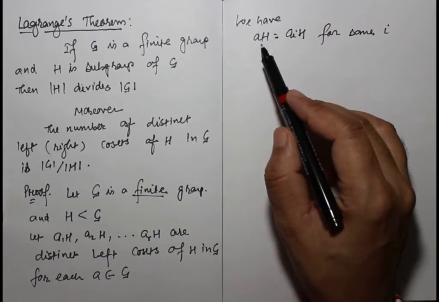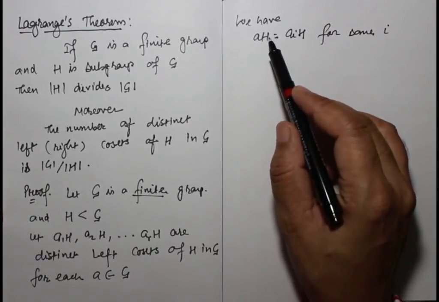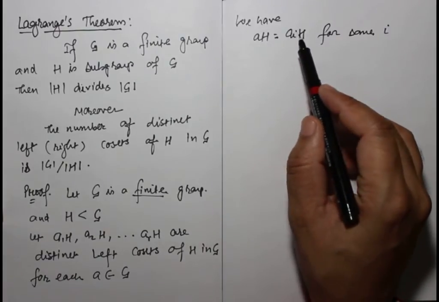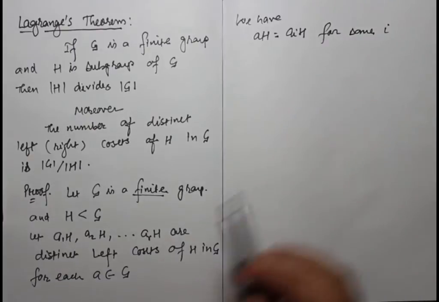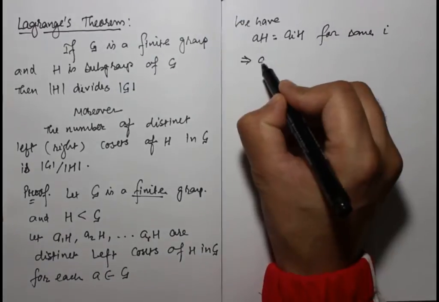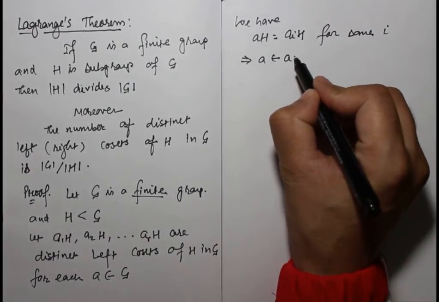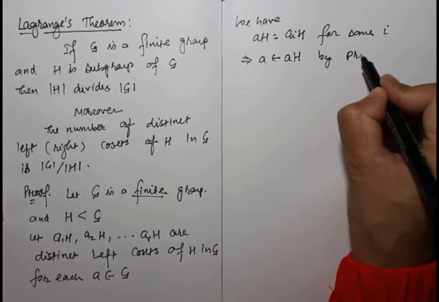A कोई मैं G का एलिमेंट ले रहा हूँ, तो अगर मैं AH कोसेट बनाना चाह रहा हूँ तो ये किसी न किसी AI H कोसेट के इक्वल होगा, because they are all possible but distinct left cosets of H in G. A belongs to always AH by property 1.